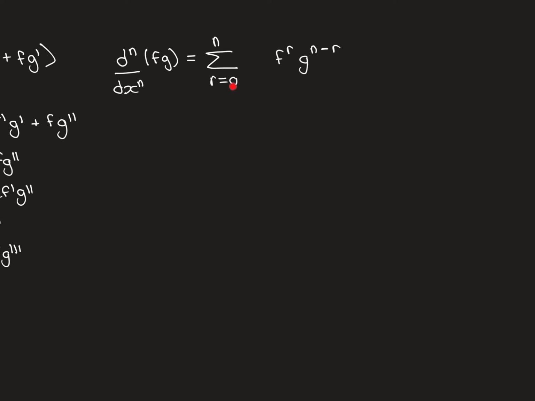So as we go from r is equal to 0, this will be the case where you differentiate f no times, and in this case you'll have n minus 0, so you'll differentiate g the entire n times.